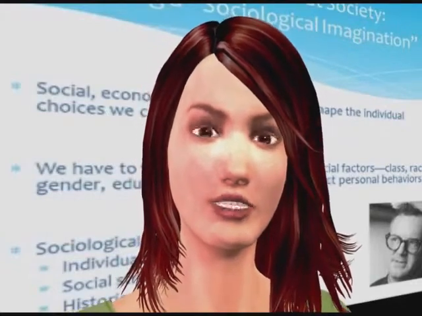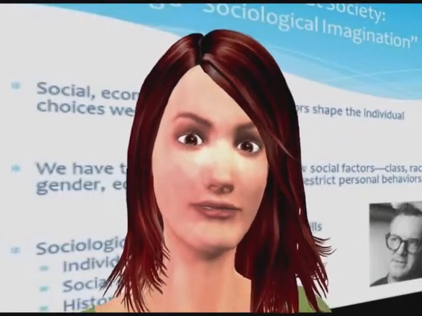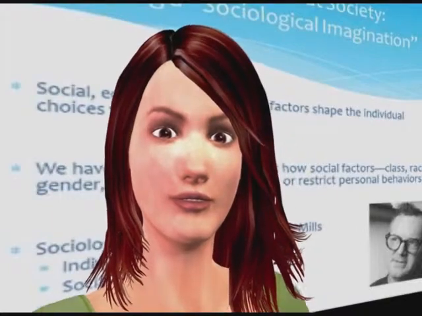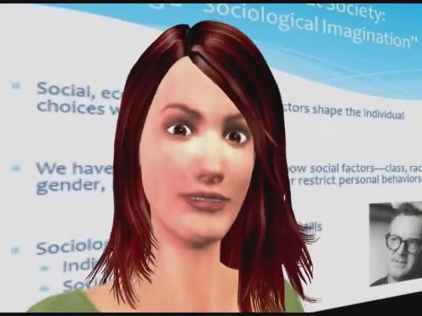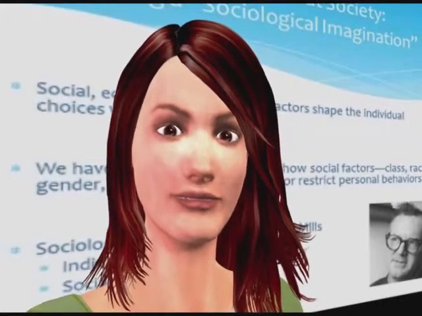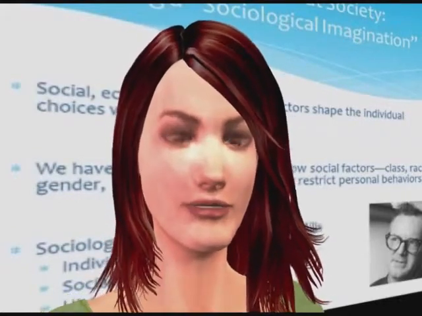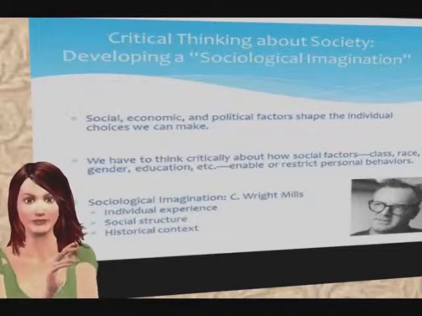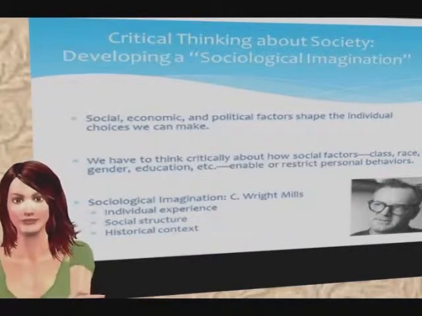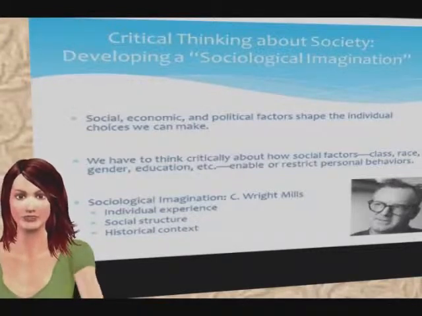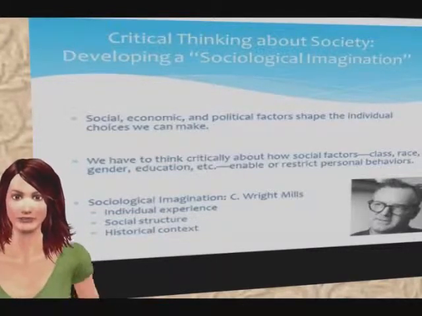And that gentleman's picture in the lower right-hand corner, with the glasses, looking all kind of inquisitive, I think he's almost thinking in that picture. That is C. Wright Mills, the gentleman who coined this theory. He argues that social, economic, and political factors really shape the individual choices that we can make. They profoundly shape our social experience.